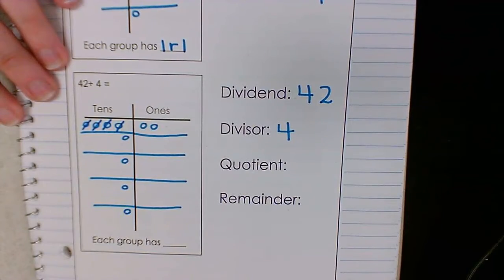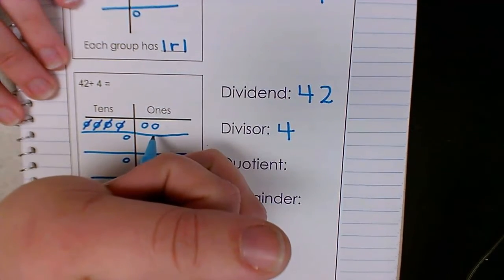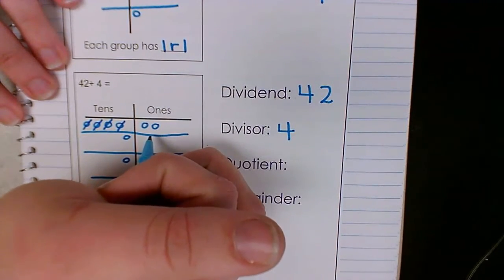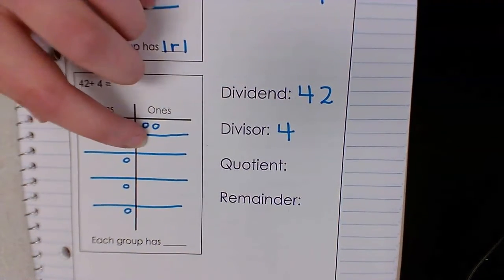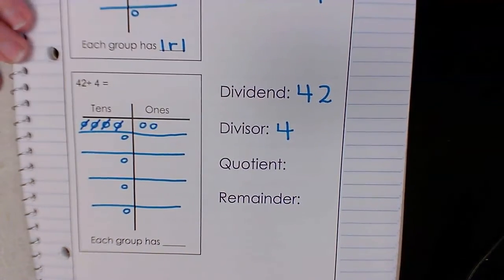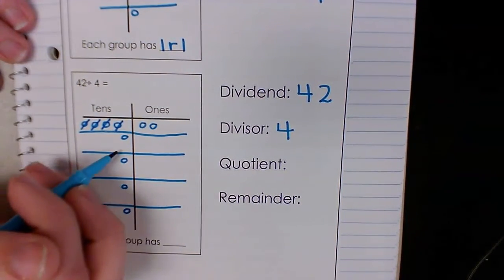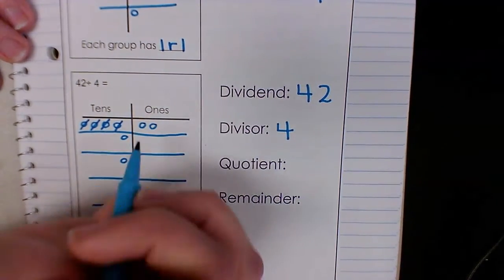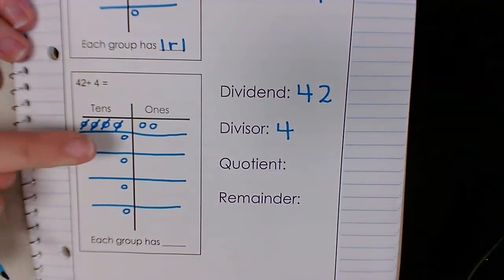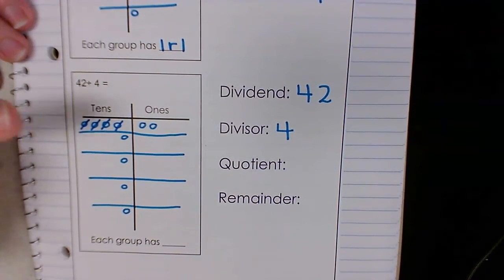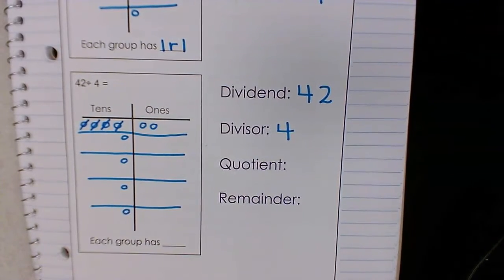There's no more tens, so I'm going to go over to the ones to distribute, and, welp, I have to stop here. I don't have enough ones so that each of these groups get their own. So this is it. This disc represents my quotient, and these 2 discs represent my remainder. Each group has 1 disc, but it's not the answer 1.